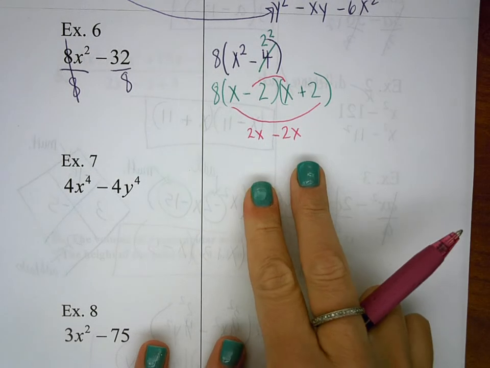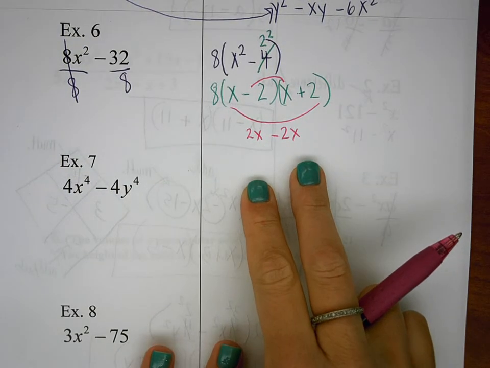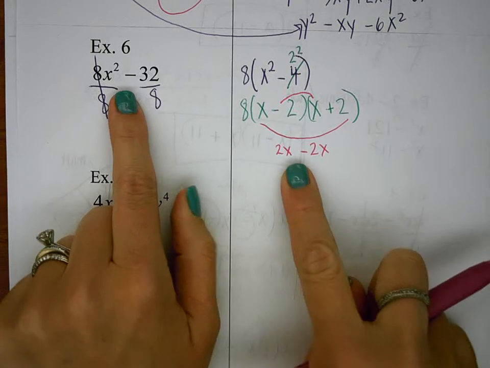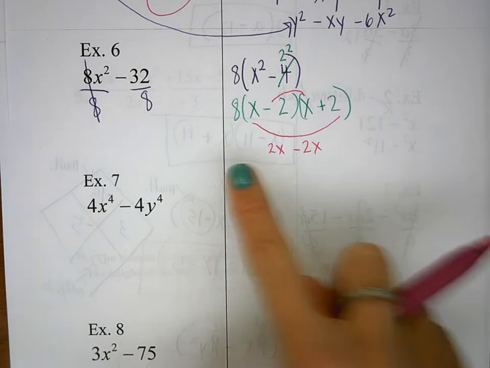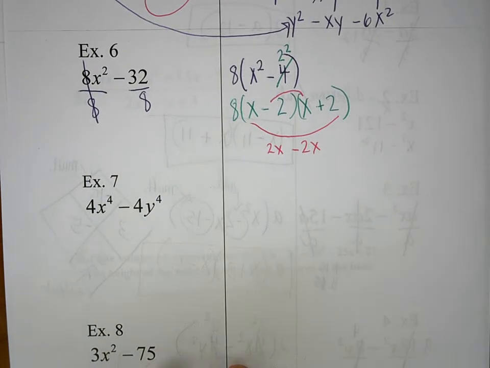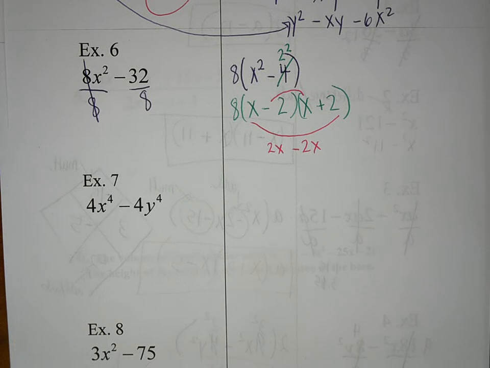And what's 2x minus 2x? 0. So there's no plain x term in here. By having the minus and the plus, the terms cancel out, so there isn't an x term, just your x squared term.